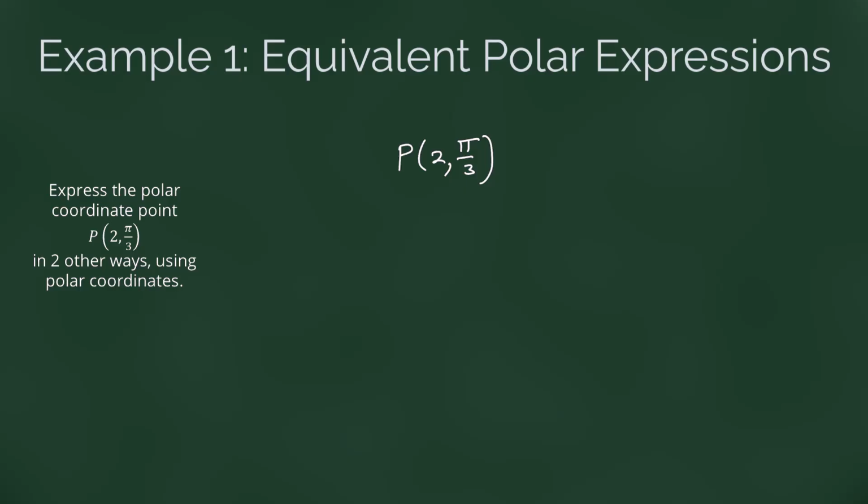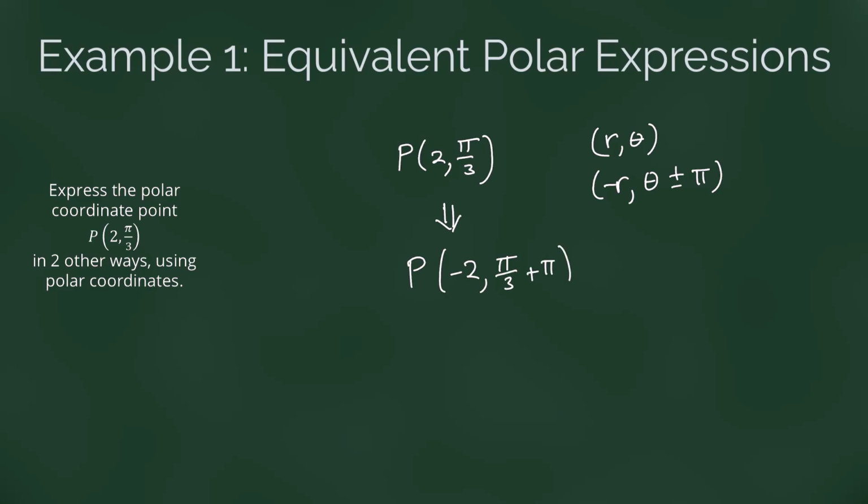So we know, first of all, that the point (r, theta) and the point (negative r, theta plus or minus pi) are equivalent. So in other words, we can rewrite P as (negative 2, pi over 3 plus pi), which is of course the point (negative 2, 4 pi over 3).